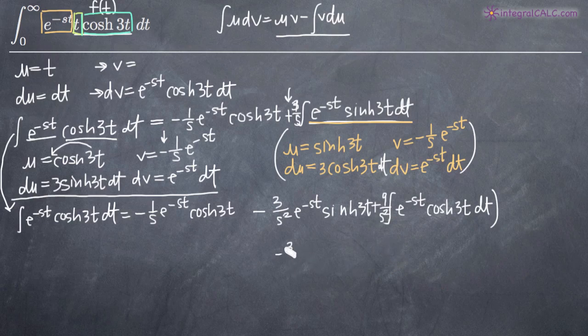Okay, so what's great about this now is that if you can see, our original integral was equal to e to the negative st cosh 3t dt. And you can see that our new integral over here, e to the negative st cosh 3t dt, are equal to one another. So we can subtract this whole part here from the right-hand side to bring it over to the left.